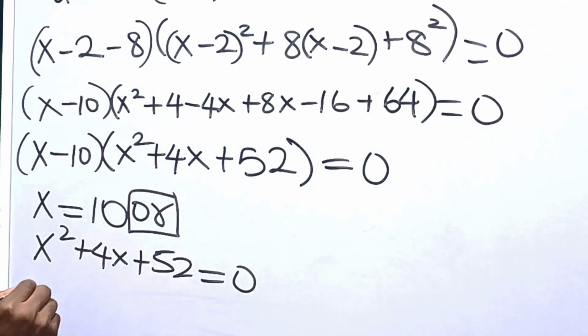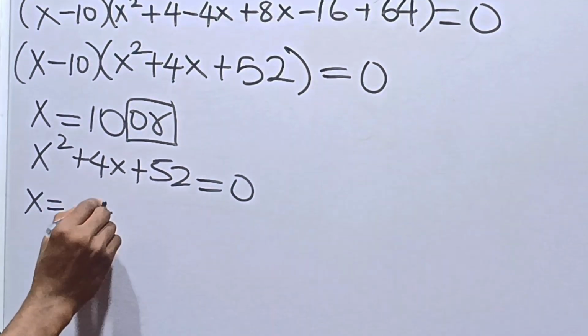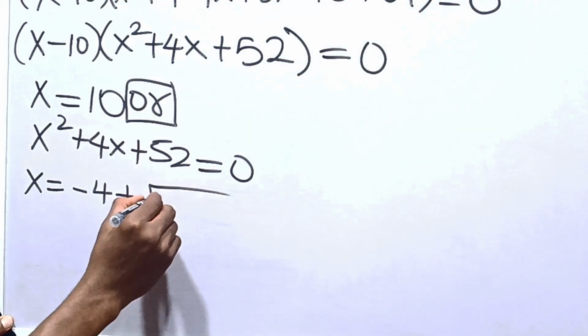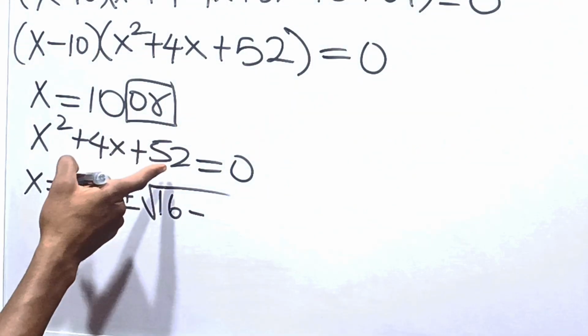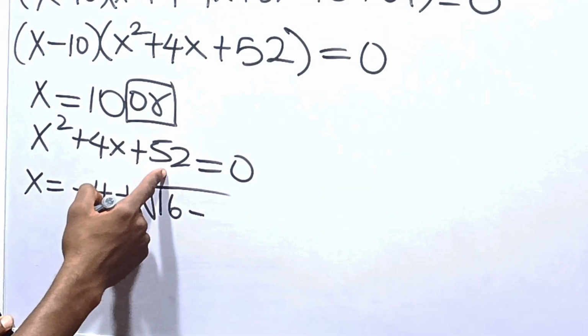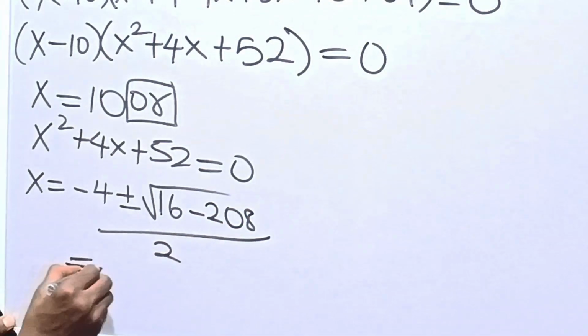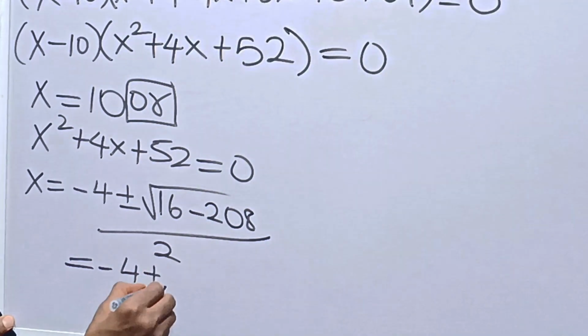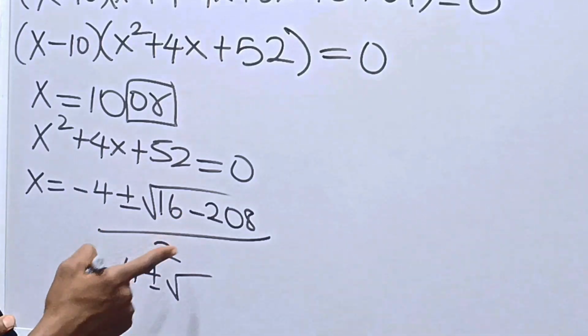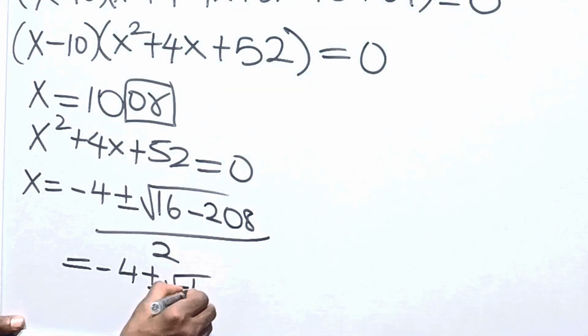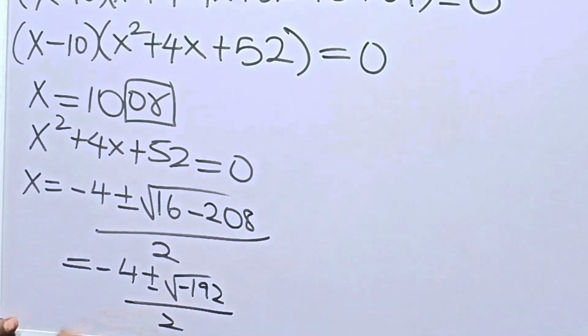From here x will now be equal to −4 plus or minus root of 4 squared, which is 16, minus 4 times 52, which is 208, divided by 2. This is equal to −4 plus or minus root of 16 minus 208, which is −192, divided by 2.